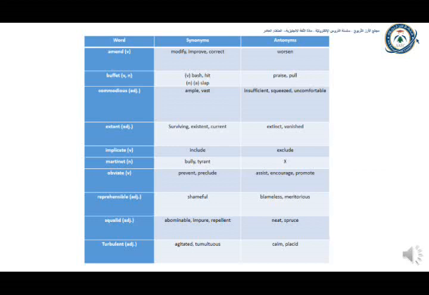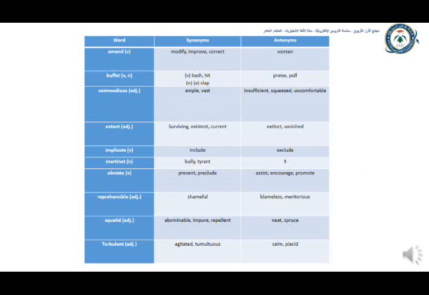Commodious is an adjective and it means ample or vast. The antonyms of the word commodious are insufficient, squeezed, or uncomfortable. The adjective extant means surviving, existent, or current. The antonyms of this word are extinct or vanished. Implicate is a verb.